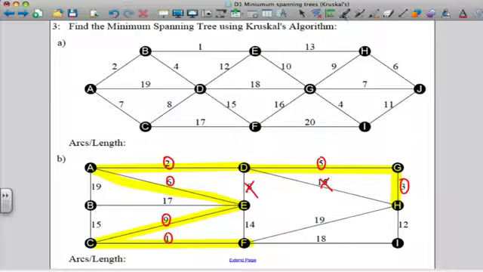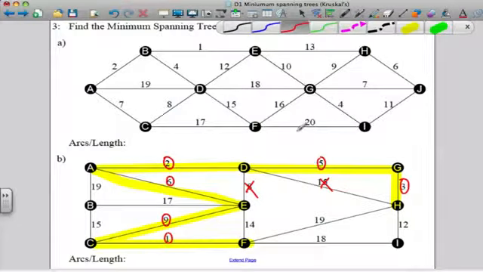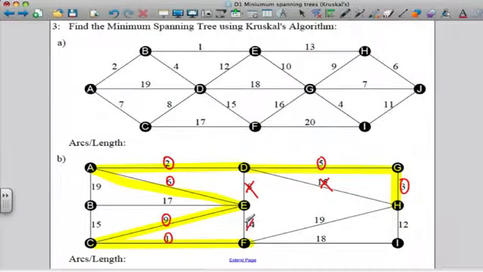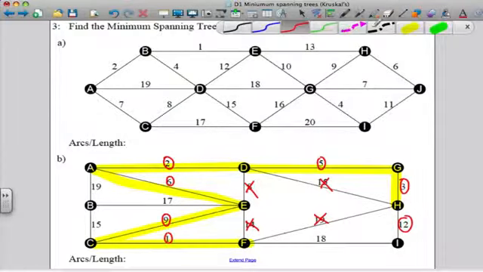Okay, now let's see what I can have now. I can't have that 14 as it will create a cycle. And I couldn't have this 19 as it would create a cycle. So I'm looking for the smallest of 19, 15, 17, 18 and 12. The smallest there is clearly the 12, so I'll include that 12.